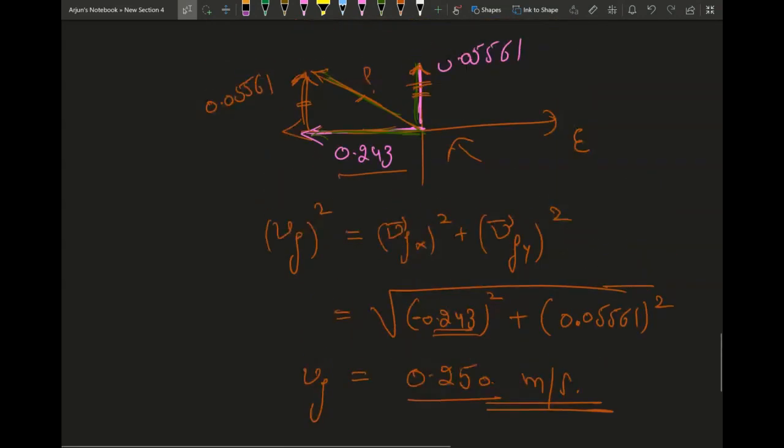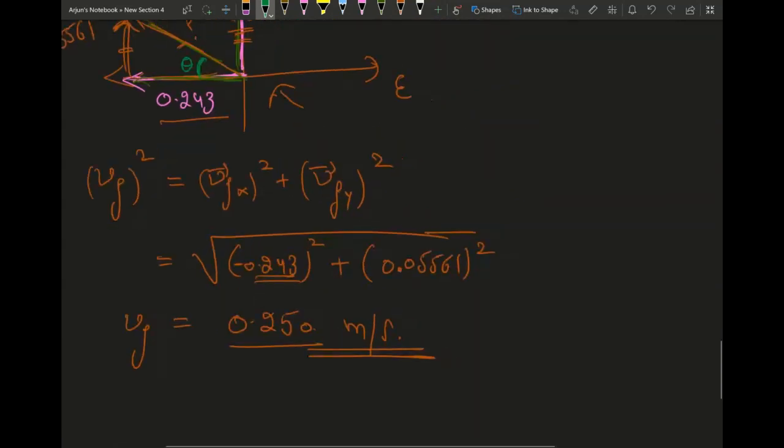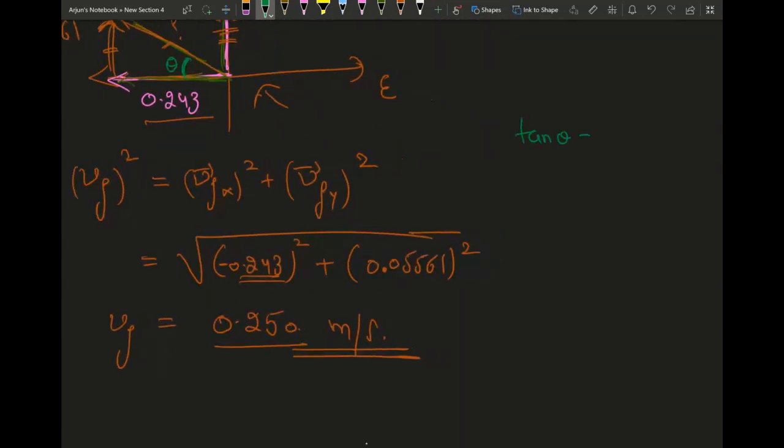And then I wanted to find the angle also. The angle value, I can use the tangent theta in this case. So tangent theta is opposite upon adjacent, and the opposite value is 0.05561 divided by 0.243.